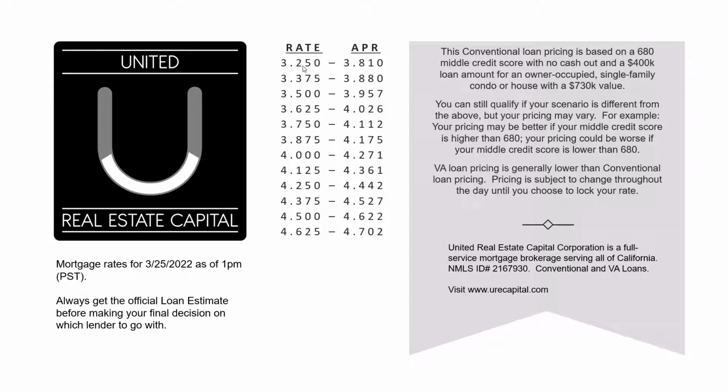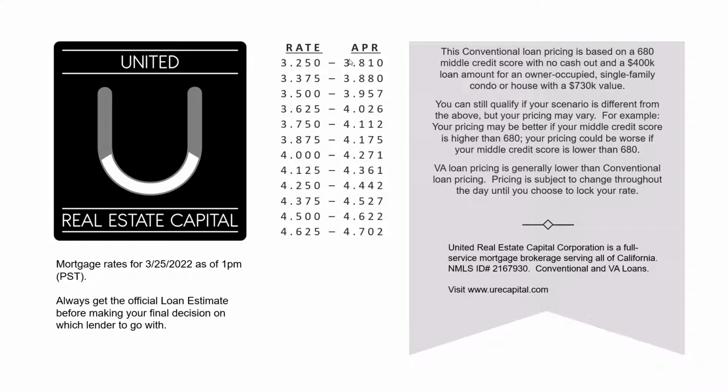As you can see in this one, 3.25 interest rate and an APR of 3.8. Compare that to this one down here, the 4.625, and its APR of 4.702. And notice that the spread between this 4.6 and 4.7 is not much compared to the 3.2 and the 3.8. That's a much larger spread.